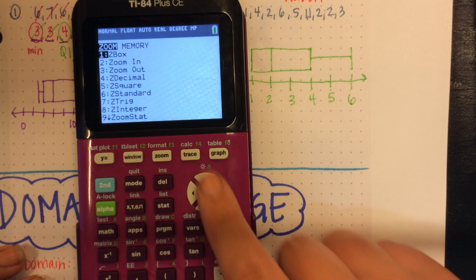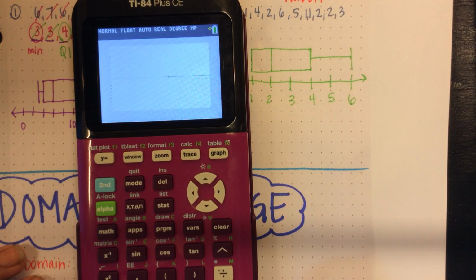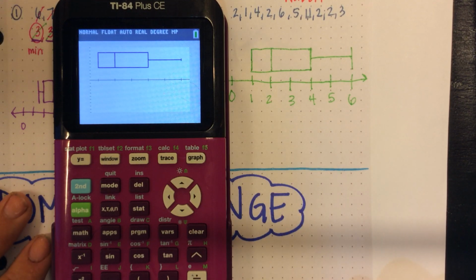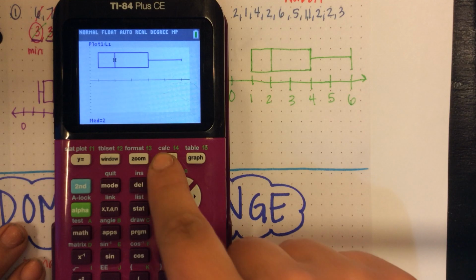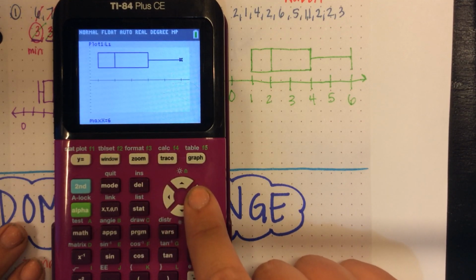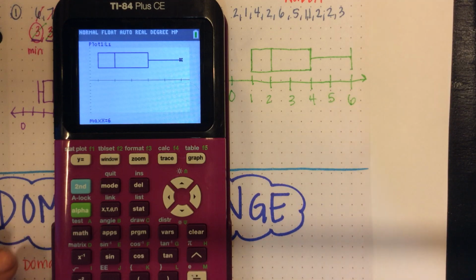And then I'm going to press zoom and go down to zoom stat, and that's going to fit it in my screen nice and pretty. And bam! Look at that. Twinsies, looks the same. All right, so that's just how you can do it on a calculator. And then if you wanted to, if you press the trace button, you can go back and forth to see what your values are at each spot. All right, so that's your box and whisker plots.